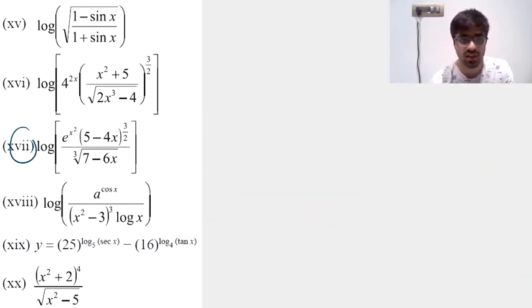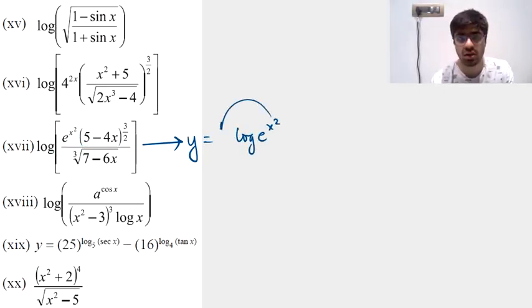We continue with the 17th one, where you again have to do the same very thing. So y will be equal to, it's log of a into b upon c. So this will be log of e power x square. Take that x square out. So you have x square log e, which is equal to 1. So x square plus, continue with the other term.